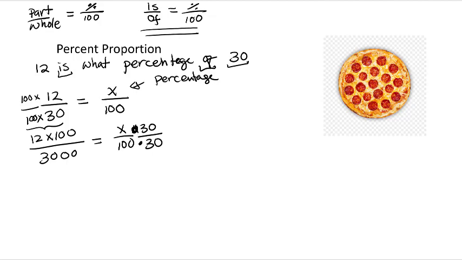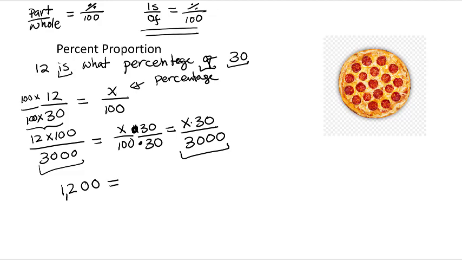So on the bottom, we have x times 30 divided by 3,000. So we have exactly the same denominator on both sides. And we're saying that 12 times 100, which is just 1,200, right? We just add another 2 zeros, is equal to 30x, where we've gotten rid of the denominator because they're equal.